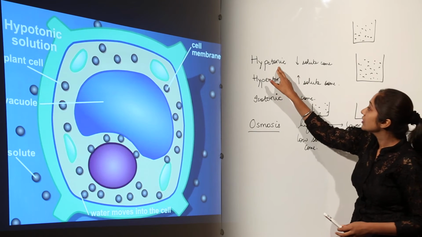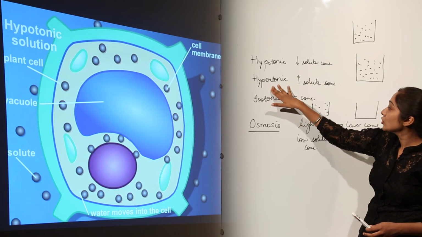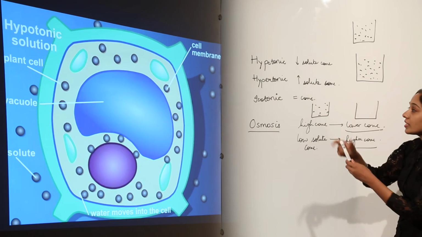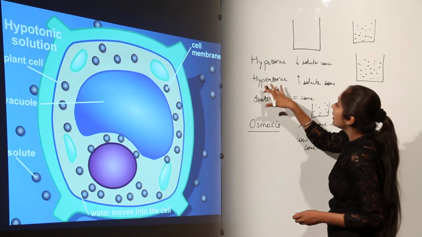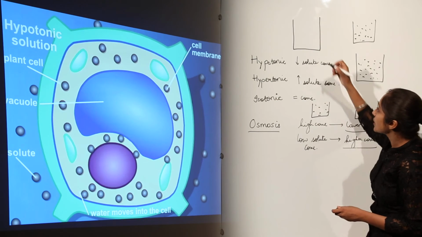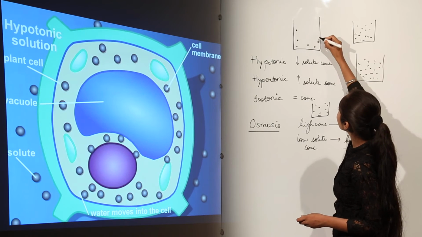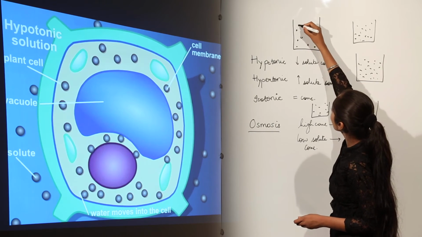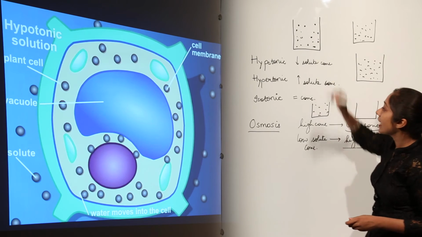In hypotonic solution the solute concentration is lower, and in hypertonic solution the solute concentration is higher. Supposing we put red blood cells in a hypertonic solution, the solute concentration is higher outside.